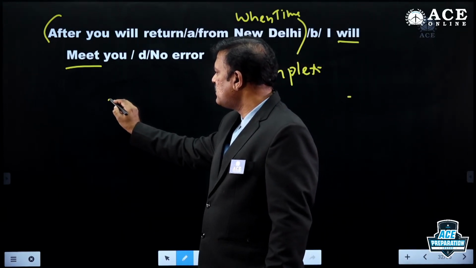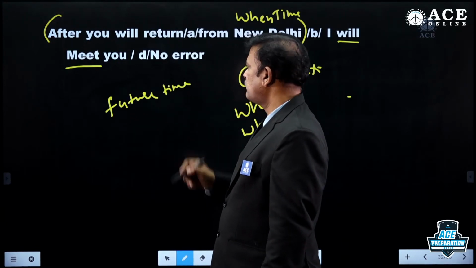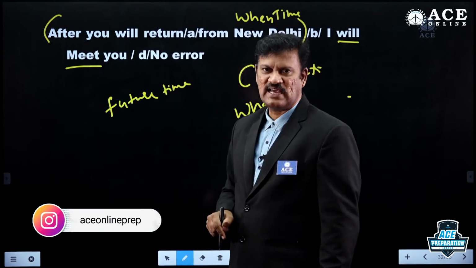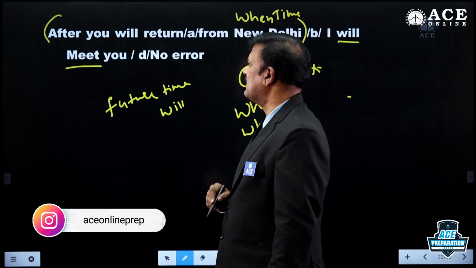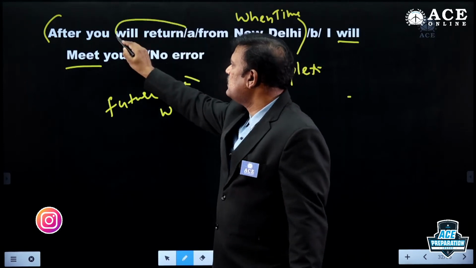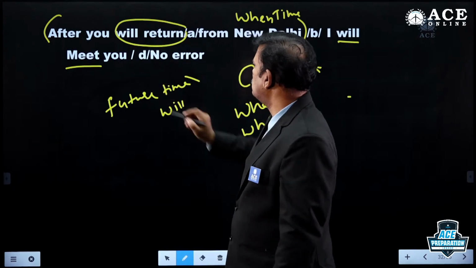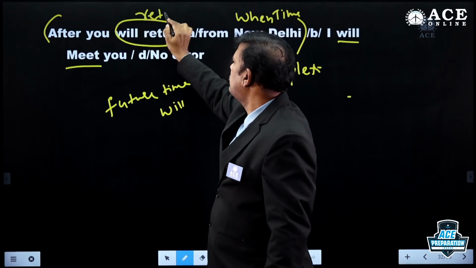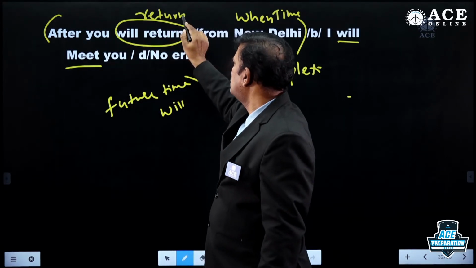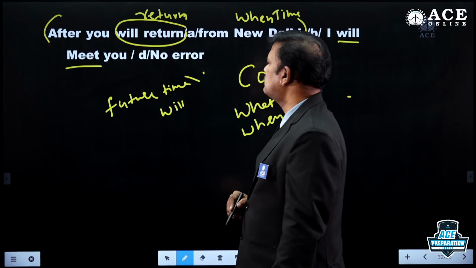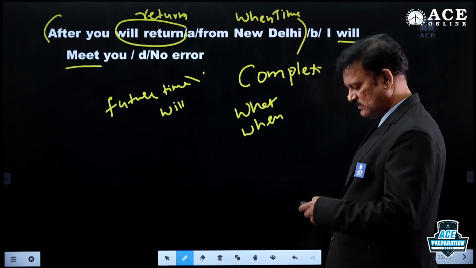If I am referring to future time, the verb in that time indicator cannot be with will or something else. It has to be in a simple present form. So, after you, V1 form. Suppose if it is he, after he returns. After you return from New Delhi, I will meet you. Time.